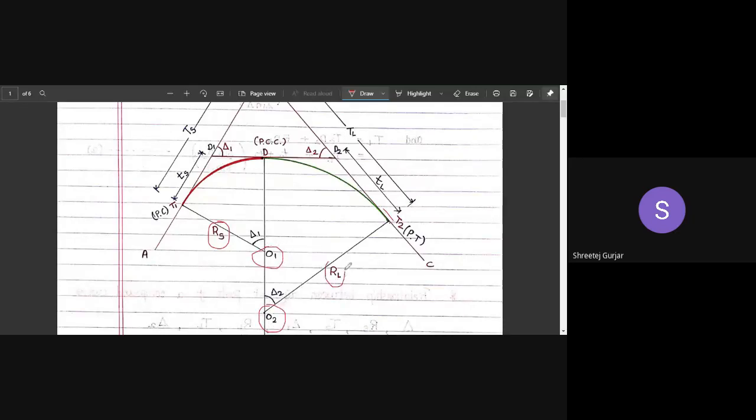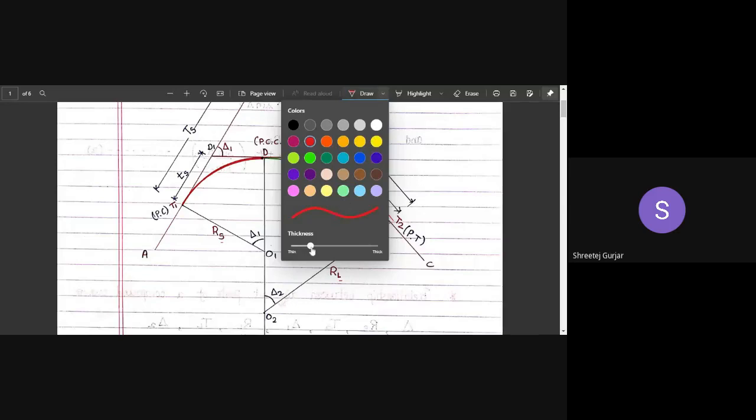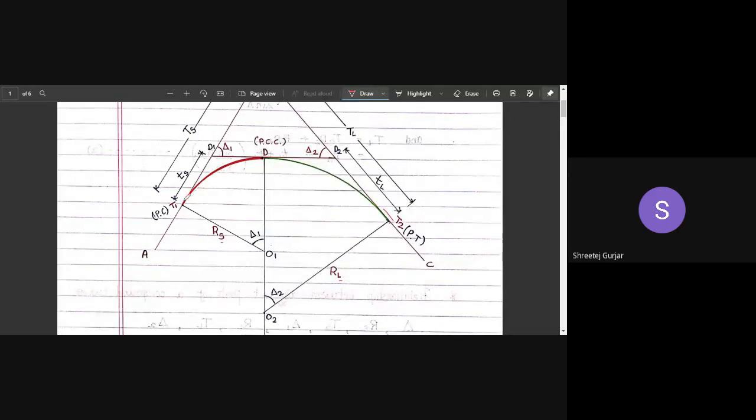This is a shorter radius one, so we have named it RS, the radius of the shorter curve, and RL, the radius of the longer curve. The shorter curve is shown in red color.